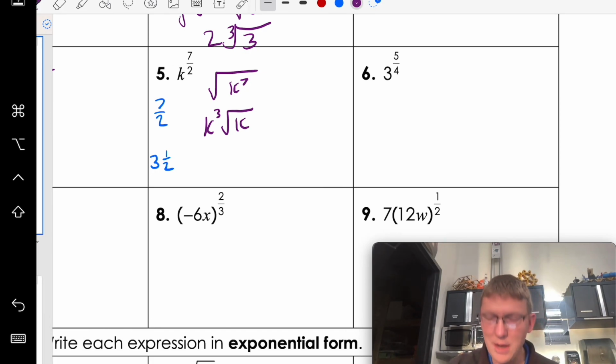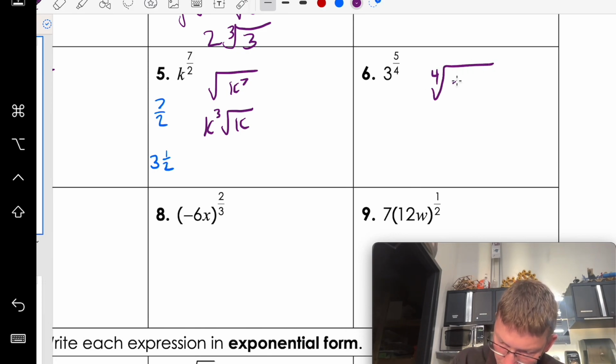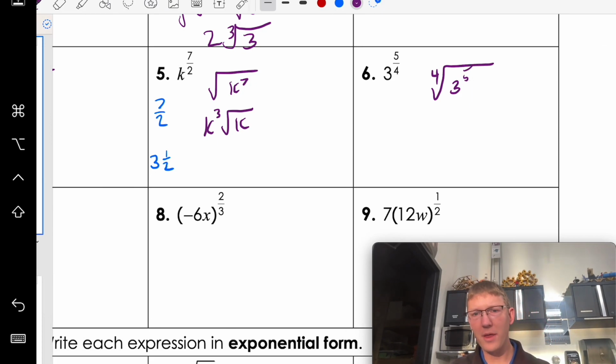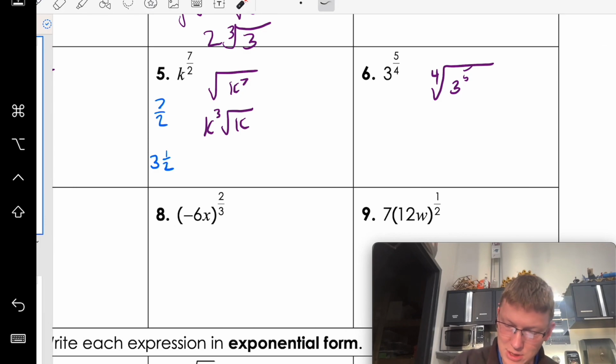So anyway, if we're looking at number 6, we got 3 to the power of 5 with the 4th root. So if we're going to write that, 4th root of 3 to the 5th power, I intentionally did not multiply all that out because I'm going to use my fractional idea right there. So I know at least one 3 can come out of that.